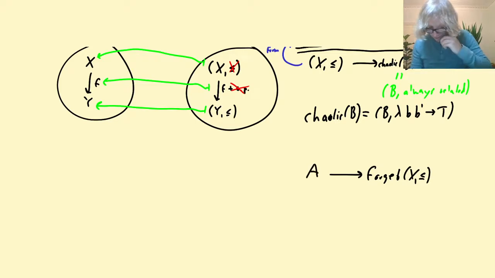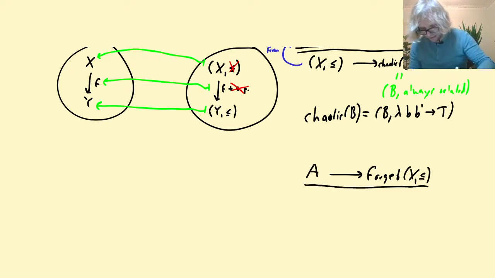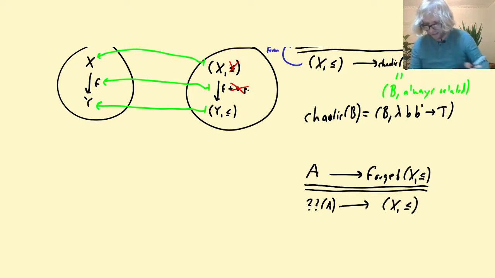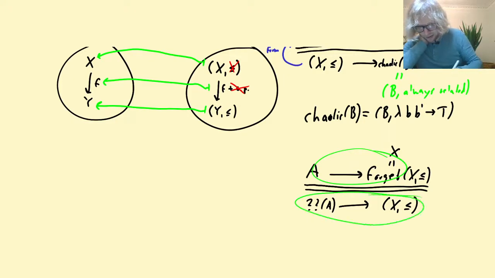So a function from a set A into this thing should be the same thing as something applied to A and a monotone map into x less than, right? Because the function up here, we don't know anything about what this is doing, that means that we should make it as easy as possible to make an order preserving map down here, right?